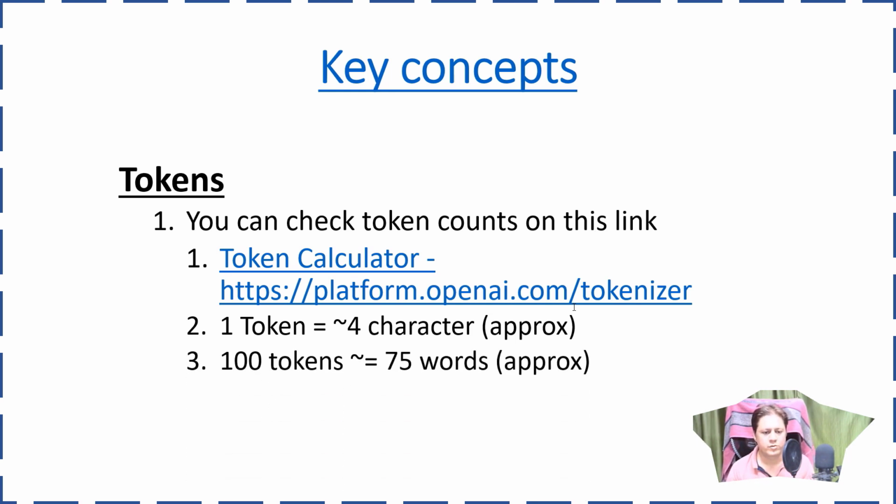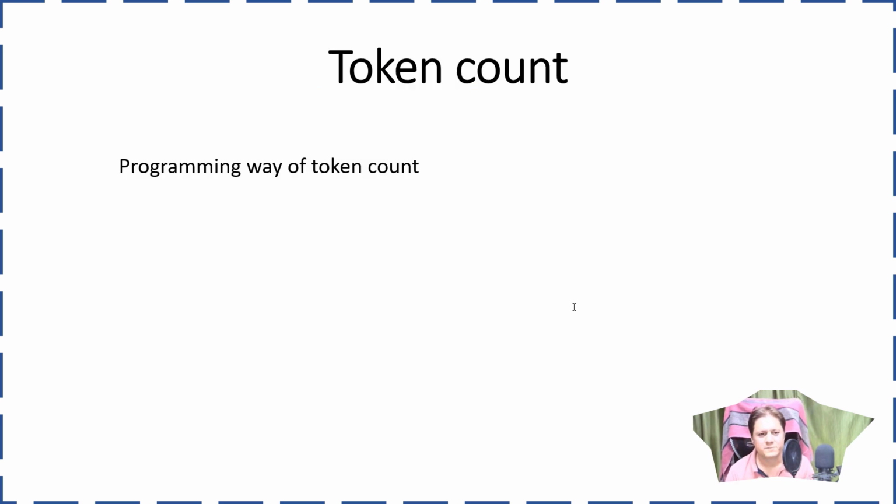You can consider 100 tokens to be near about 75 words. This is again an approximate estimate. They have calculated on an average basis, and it also depends on the language. For example, Chinese and Japanese may have fewer words in one token. So these depend on different criteria.